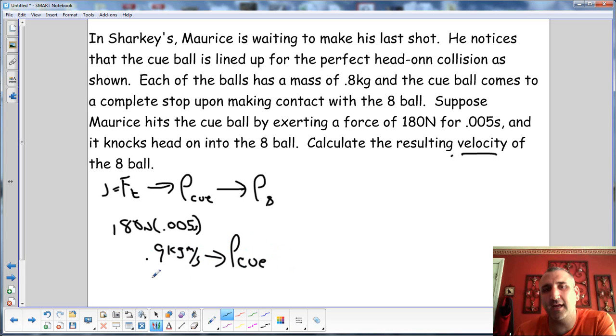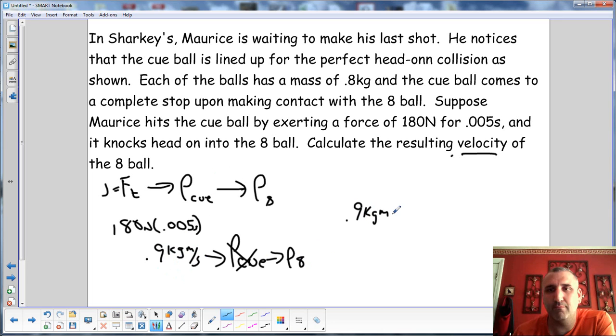So the momentum of the 8 ball is 0.9 kilogram meters per second, because that's what Maurice gave it, which equals just mass times velocity, mv.